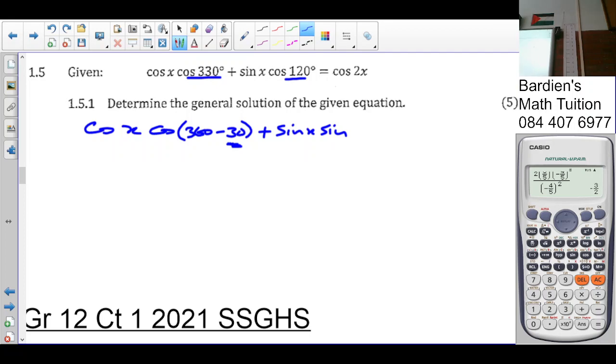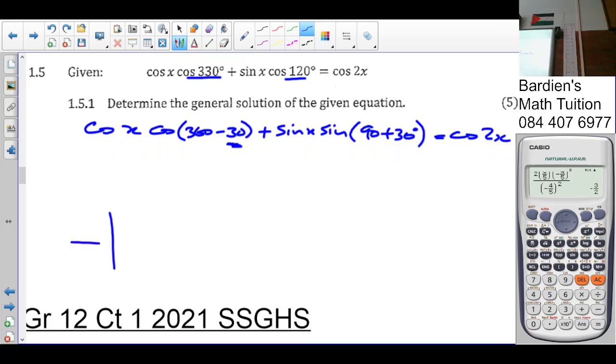You guys understand why? Then I can use the cos compound angle. Can you see that? So that is simply going to be 90 plus 30 degrees. And that is equal to cos of 2x.